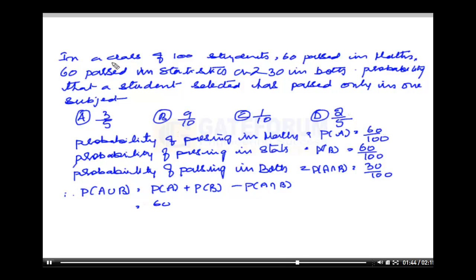Substituting the values, 60 by 100 plus 60 by 100 minus 30 by 100. That is 120 minus 30, that is 90 by 100. So after simplifying we get 9 by 10, hence your answer should be B.